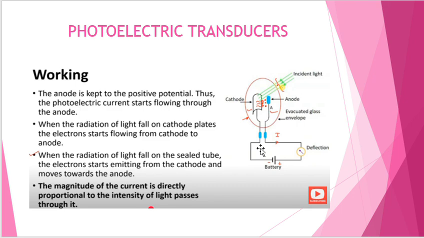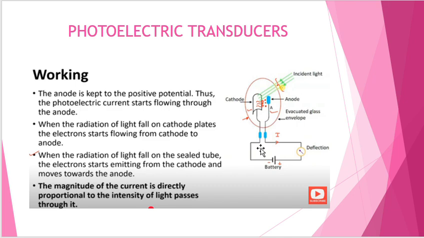When light falls on the cathode, due to the energy from the light, electrons are released. These electrons have a negative charge, and we have connected the anode, which has a positive charge.